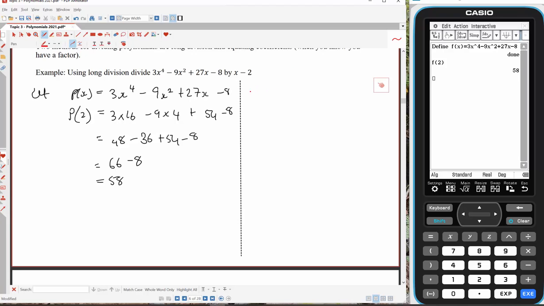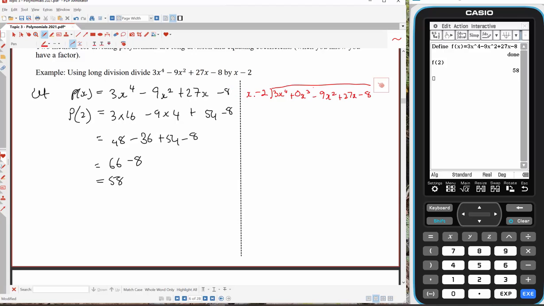Okay, so the way we use long division, recall, is we're going to go x take 2 into 3x to the 4. Now here's a big tip. If there's no cube term, we'll make a cube term. 0x to the 3, and that acts as a placeholder for us and helps us structure our long division. 9x squared plus 27x take away 8.